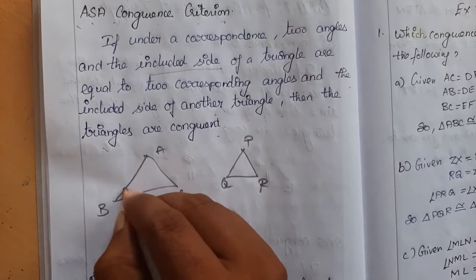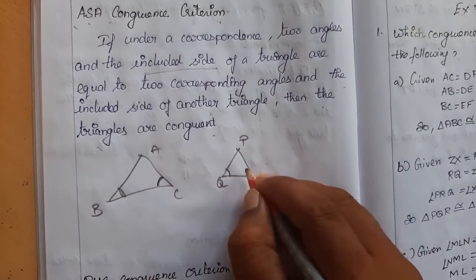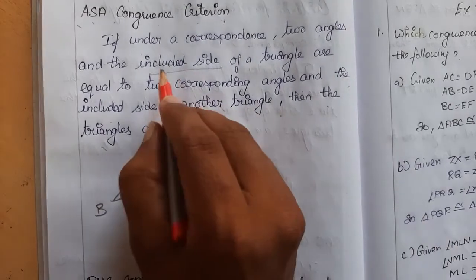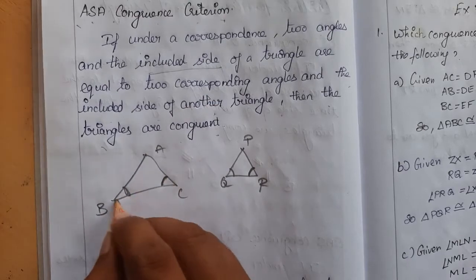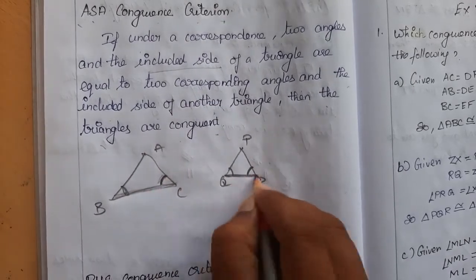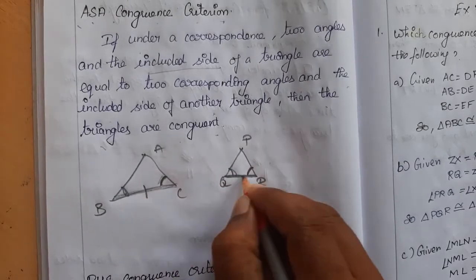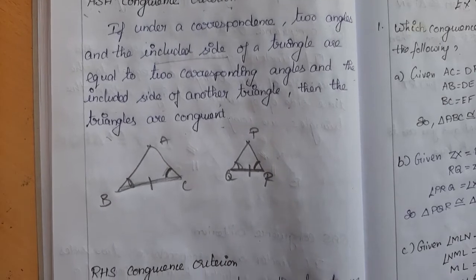Just consider any 2 angles. If angle B is equal to angle Q and angle C is equal to angle R, another condition is the included side. Which side is included between these 2 angles? This side, right? It includes both angles, and here also this side includes both angles. If these 2 sides are also equal, then these 2 triangles are congruent.